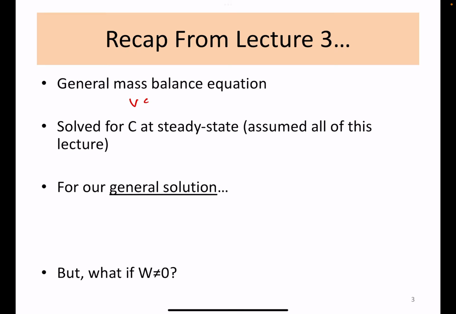Remember, V dC/dt, volume times dC/dt, is equal to the loading, minus flow rate times concentration out, minus K, the rate of decay, the rate of degradation, times volume times concentration out, minus, if there are any settling properties of the particle, the settling velocity times the surface area times concentration out. So this is the general mass balance equation.